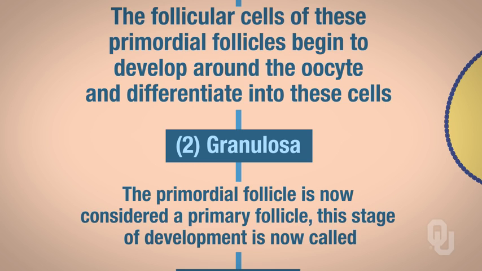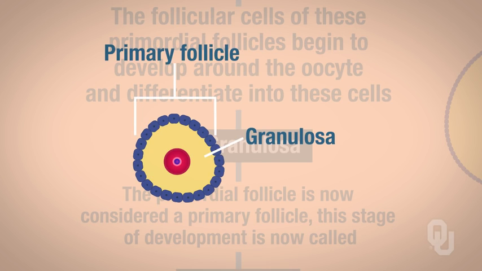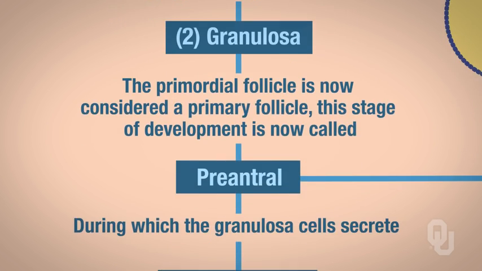Once that primordial follicle has those granulosa cells, we're going to change the name of the follicle. The follicle is now going to be called a primary follicle. So this is what you're seeing in number 2. The oocyte is still a primary oocyte. Now, the stage of development then is called a preantral stage of development.